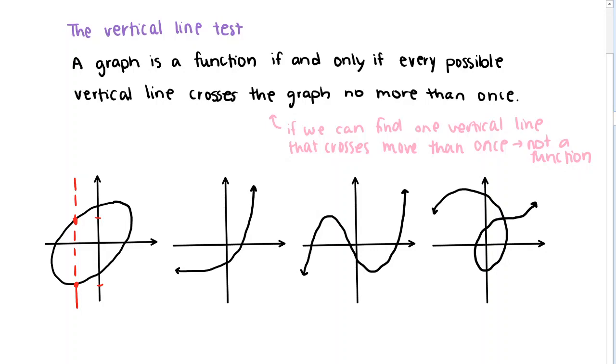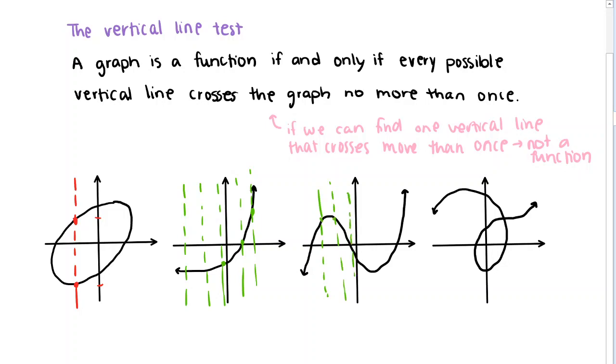What about this next example? Well, no matter where I draw a vertical line, it's only going to touch my graph once. And so here it does pass the vertical line test. This graph corresponds to a function. And similarly, this third one does as well. Right.